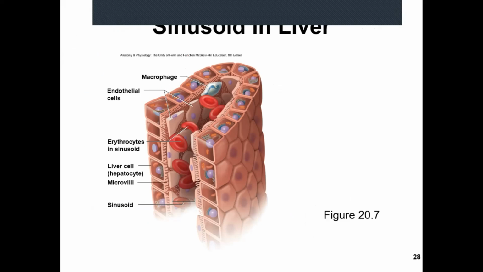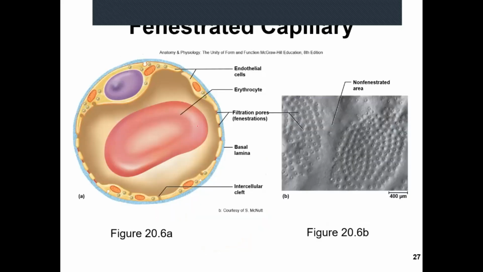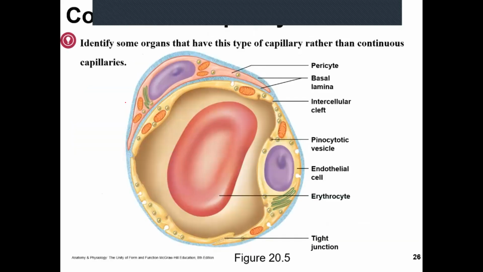And these capillaries look different. For example, fenestrated have some openings here for filtration, and this is the same simple continuous capillaries. But continuous capillaries have special cells. You should know about this. Pericyte.